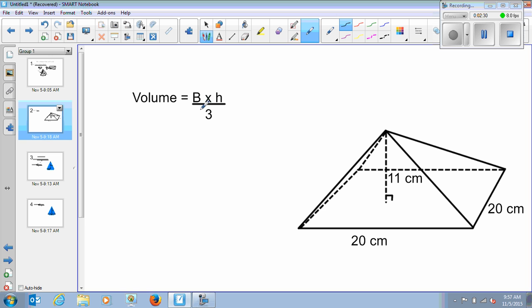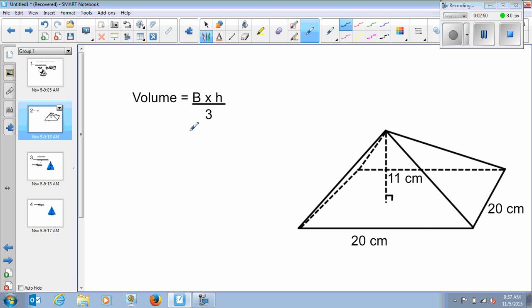Now you notice that the formula for volume changed a little bit. For volume we have a big B here. Now that big B stands for the area of the base. So know that for the future, that the big B here stands for the area of the entire base. Again, we look at what the base is of this pyramid. It's a square that has sides that are 20 by 20.